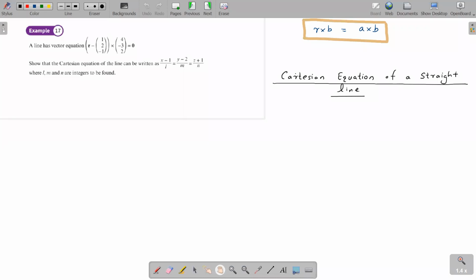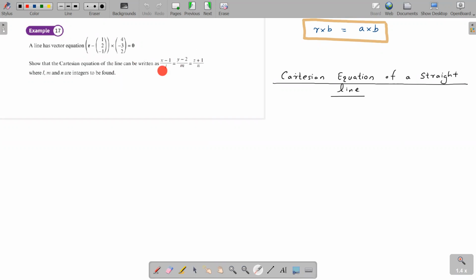So they will go through this example. They say here, a line has vector equation r minus a cross b equals 0. Show that the Cartesian equation of the line can be written as x minus 1 over L equals y minus 2 over m equals z plus 1 over n, where L, m, and n are integers to be found.